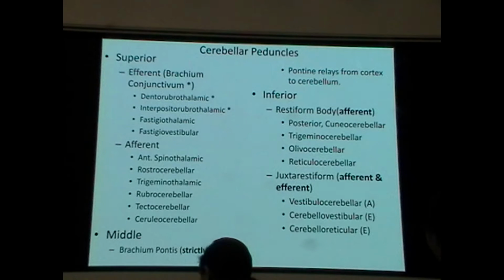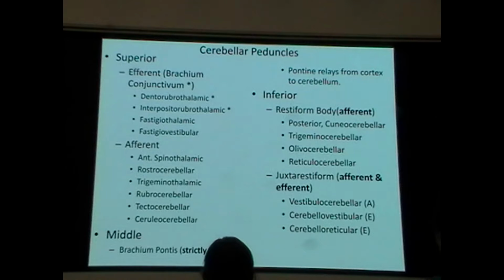But also trigeminocerebellar, olivocerebellar from the inferior olivary nucleus, this little bump on the side of the medulla, and the reticulocerebellar coming from reticular formations either in the medulla or the pons. So this is called the restiform body. It's only afferent. It's only input to the cerebellum.